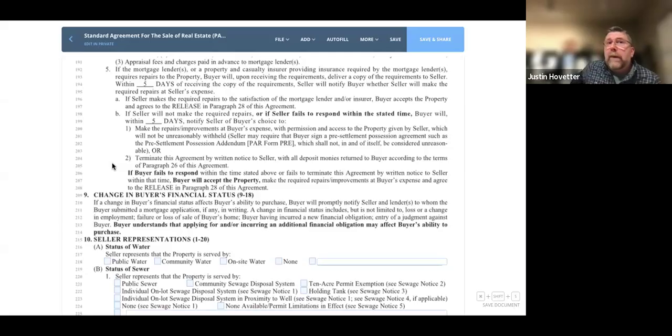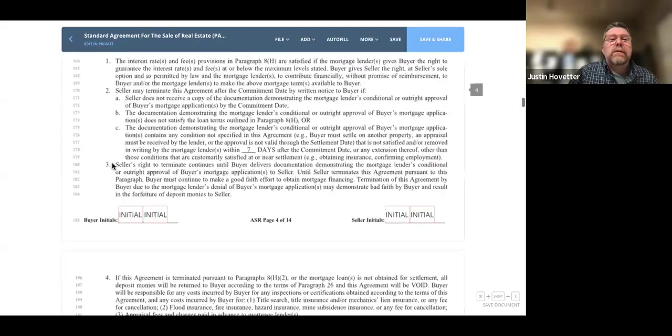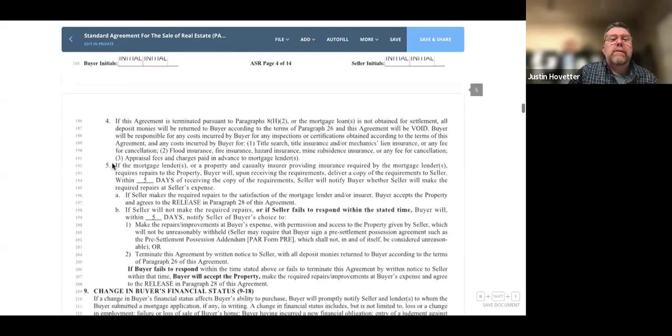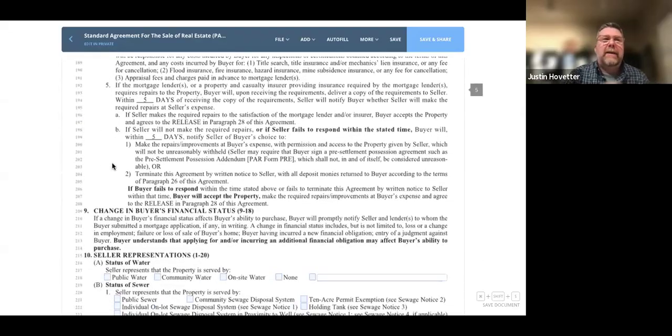Interesting. Now, if the buyer has elected the insurance contingency, the buyer may have the right to terminate that. But you're correct. They have to take this to the seller, and the seller has the opportunity to make it right.